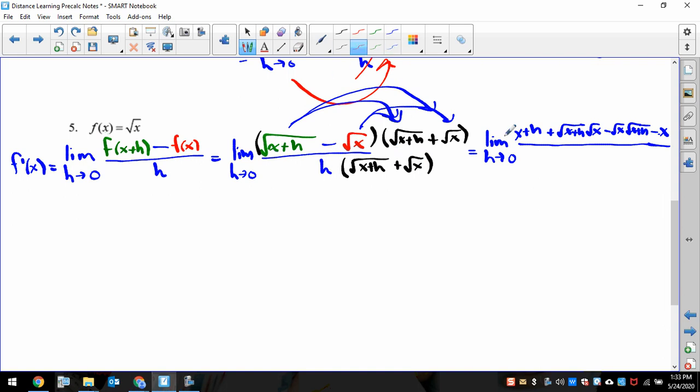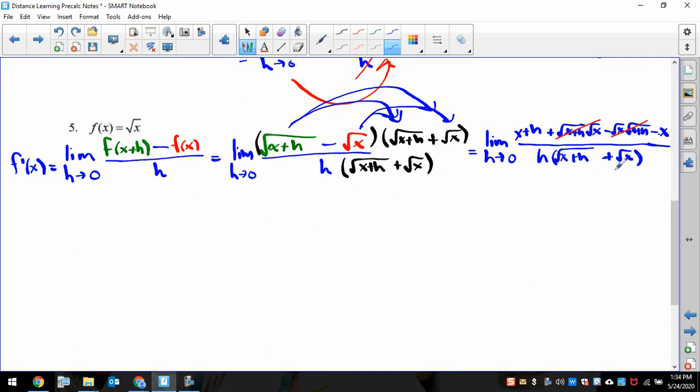So if you remember from class, I said that when you multiply or distribute a conjugate to its original term, you're going to get this cross term canceling. That will always happen with the conjugate. So it gets ugly, but then after the cancellation, it's going to get a little nicer. So this is going to be the square root of x plus h minus the square root of x, plus square root of x.